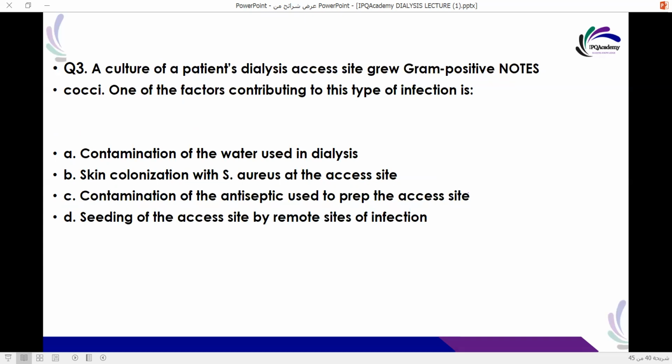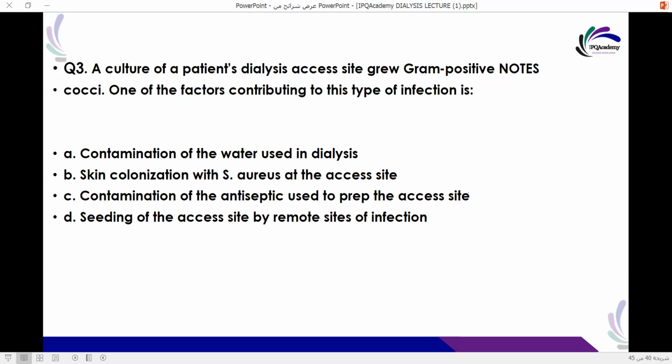Number 3 question. Culture of patient dialysis access site grows gram-positive cocci. One of the factors contributing to this type of infection is contamination of the water used in dialysis, or skin colonization with Staph aureus at the access site, contamination of the antiseptics used to prepare the access site, seeding the access site by a remote site of infection.